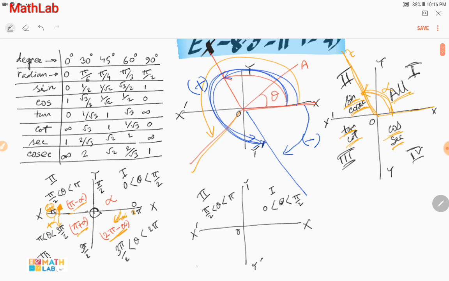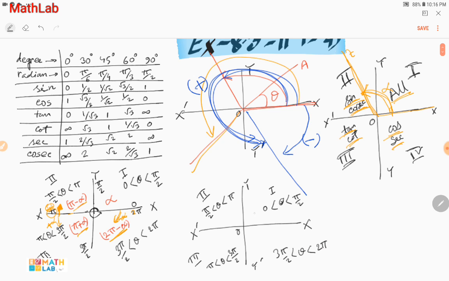For the third quadrant, the angle will start from pi to 3 pi by 2, and in the fourth quadrant 3 pi by 2 to 2 pi.